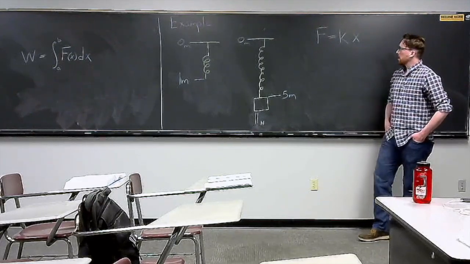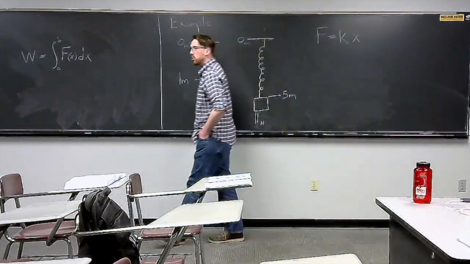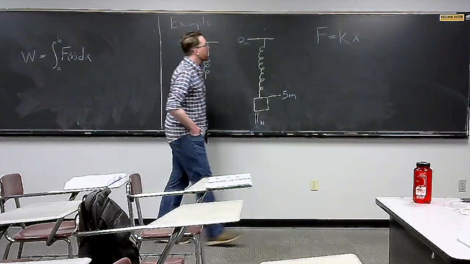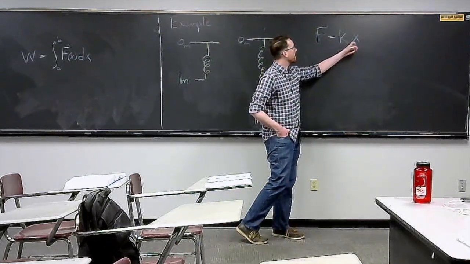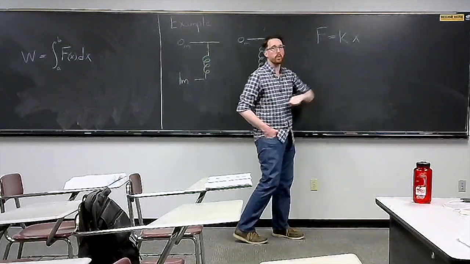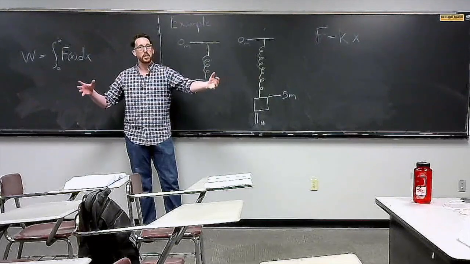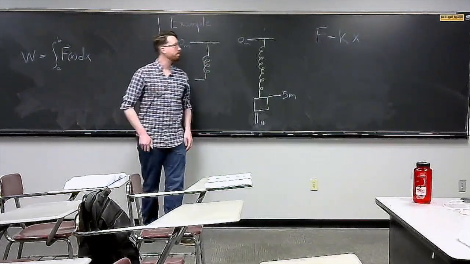Well, to answer that question, we need to talk about this idea from physics known as Hooke's law. Hooke's law tells us that the force applied by a spring is equal to some constant times the displacement of the spring. So if you stretch the spring that amount of displacement, or if you compress the spring that amount of displacement.